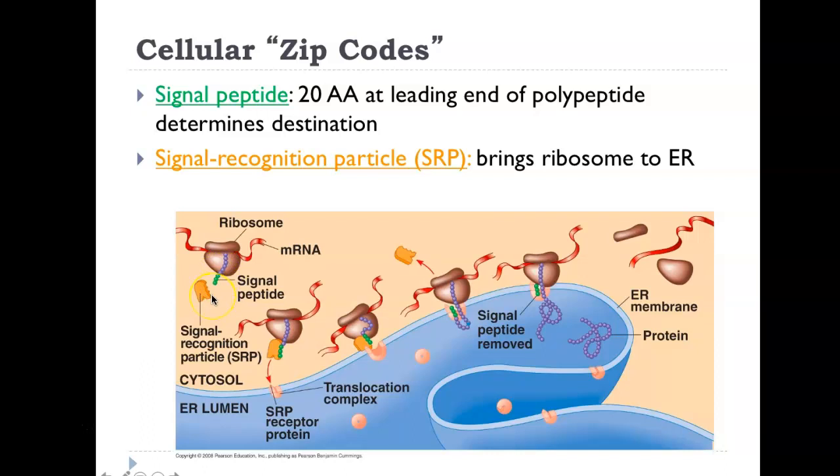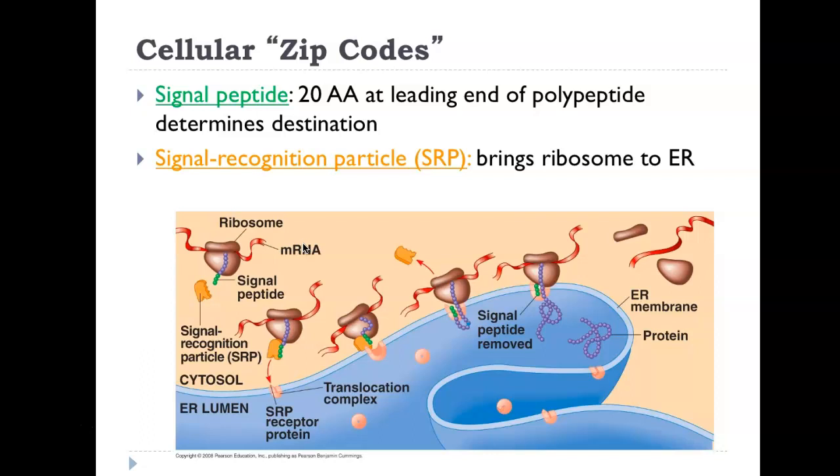And the signal recognition particle brings the ribosome to the ER, and the protein is going to get excreted into the ER, and then it can get packaged and transported. So that signal peptide would have been kind of like a loose ribosome that's going to bring that polypeptide to the ER.